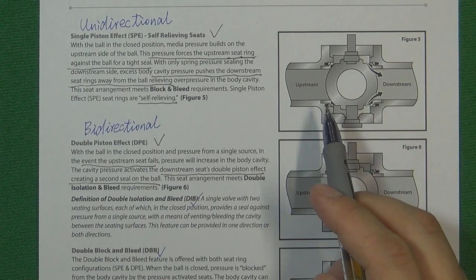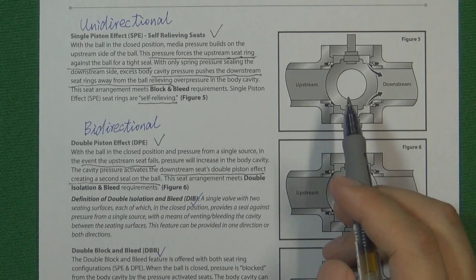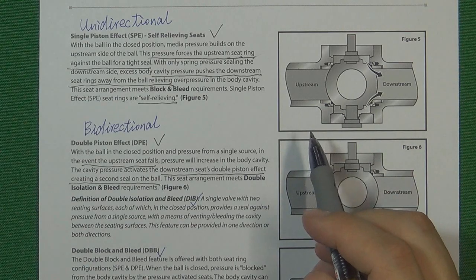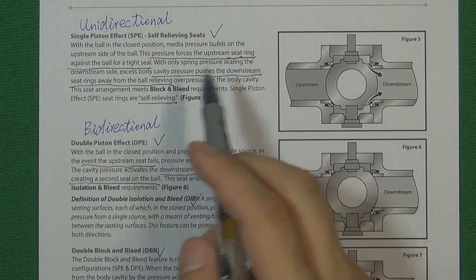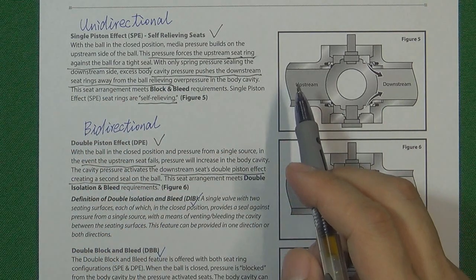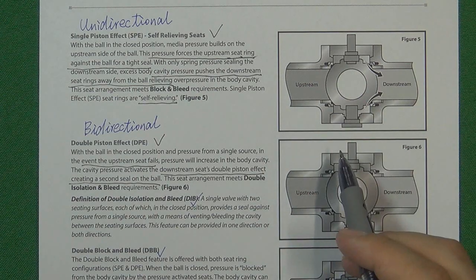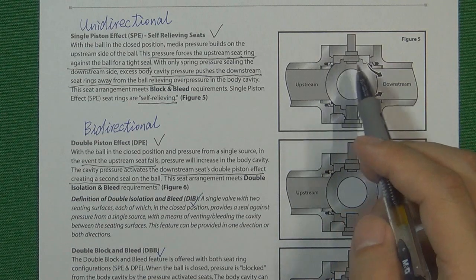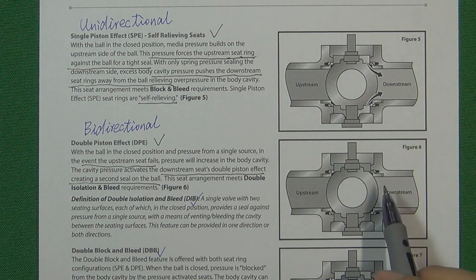For example, in this valve, if both side valve seats are made of SPE valve seats, what will happen when the valve works in the pipeline? According to the description, pressure forces the upstream seal ring against the bore for the tight seal. That means the upstream pressure will push the valve seat against the bore to seal the pressure. But if the cavity has pressure, and the cavity pressure goes higher, what will happen?